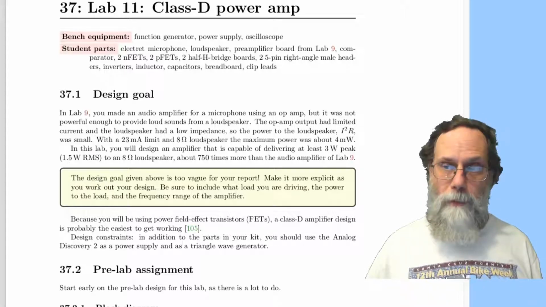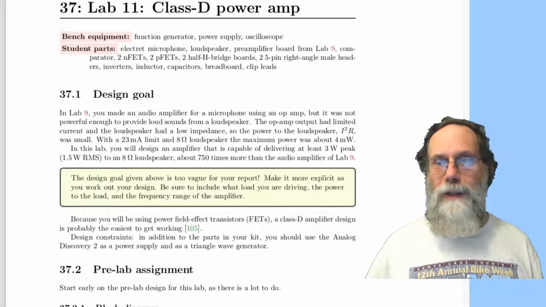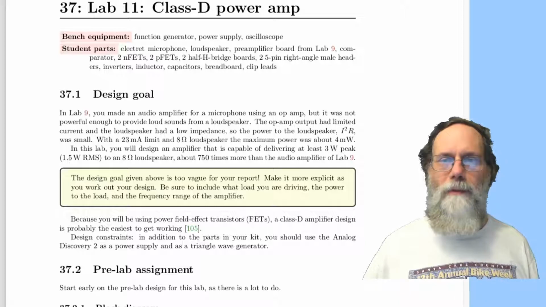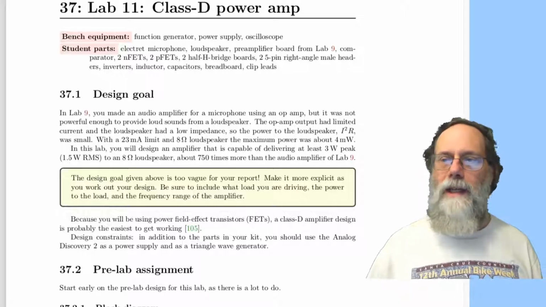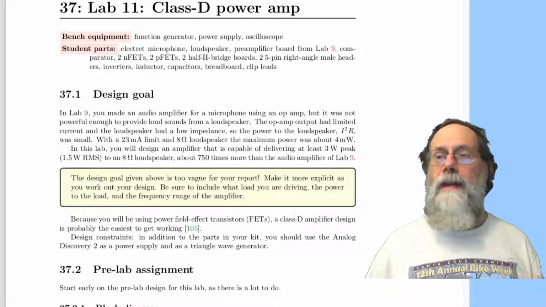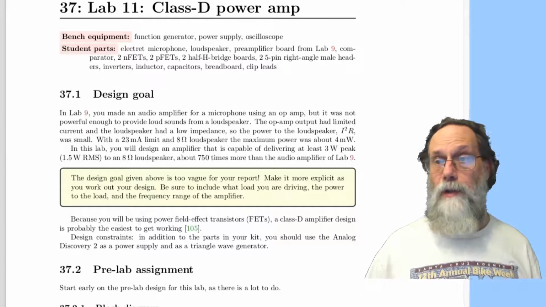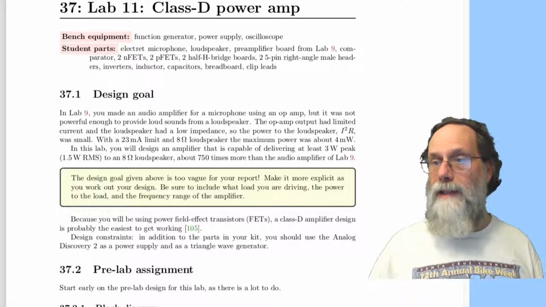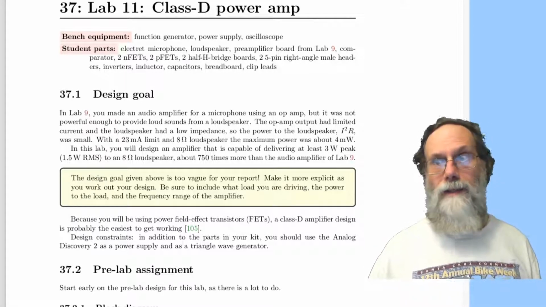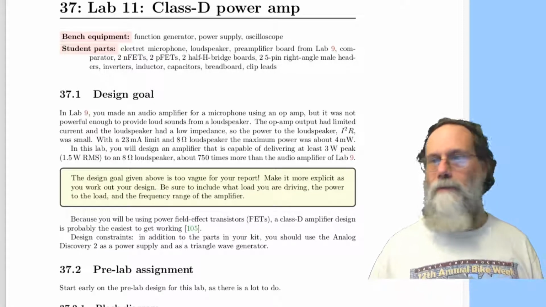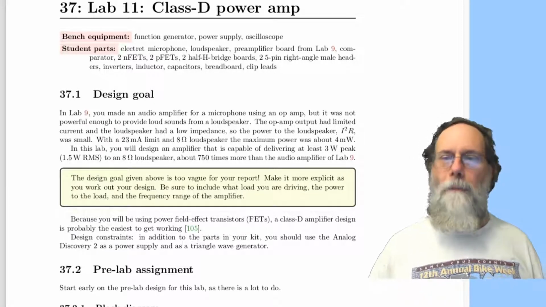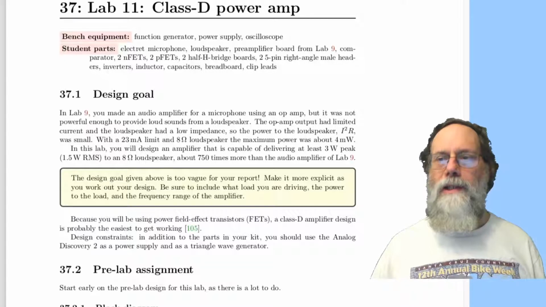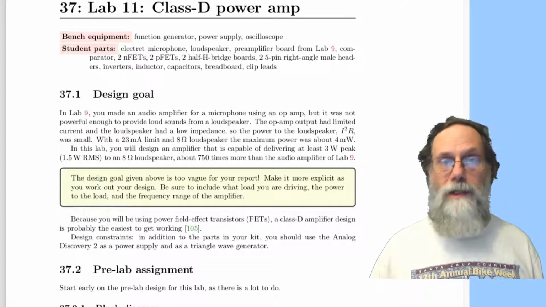And it's quite typical when you've got a real engineering design problem in the real world to be given a design spec that is totally inadequate for actually doing a design. It's just sort of a vague statement of, we want something that does X, where X is really, really vague. And part of the job of an engineer is to nail down, well, exactly what is it that you need?